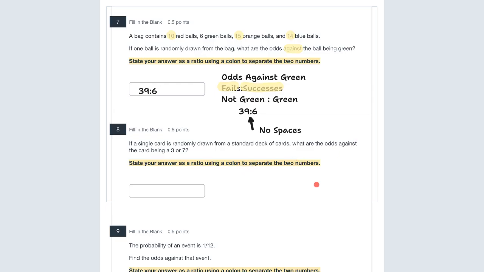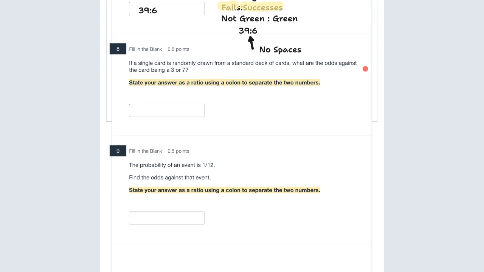Number 8 is very similar. What are the odds against the card being a 3 or a 7? So remember, odds against is the fails to the successes. Right? So in this case, our fails are not a 3 or a 7.